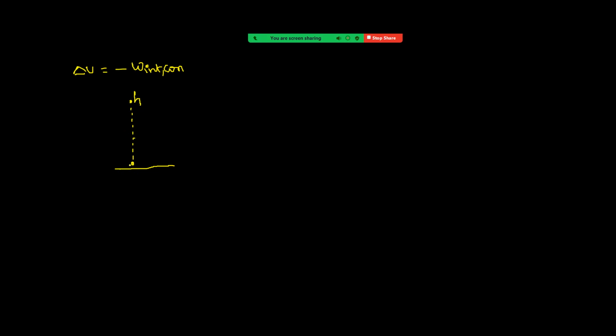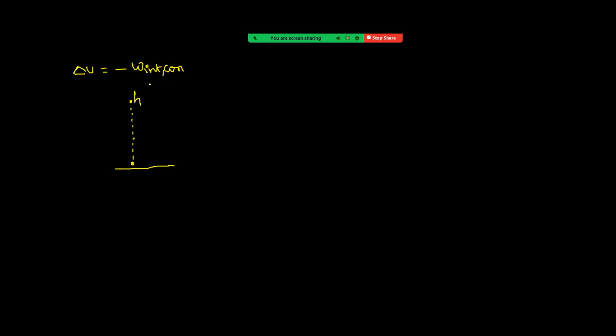Then the force by earth on the particle becomes an internal force, which is also a conservative force. Now here, when we are taking the block from ground to height h, work is done by gravity. Now delta U is equal to negative of work done by internal conservative forces.